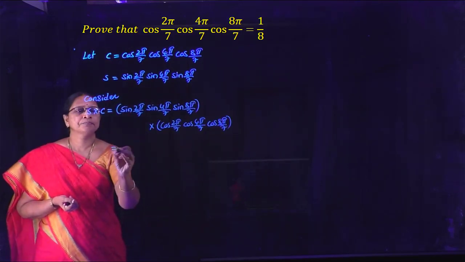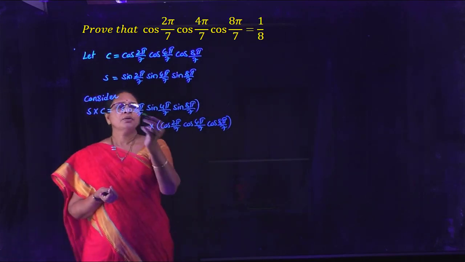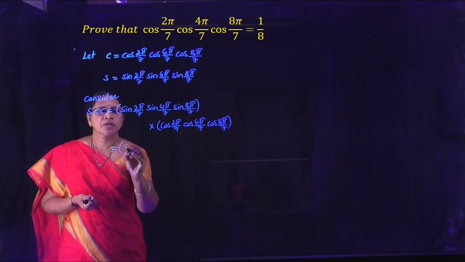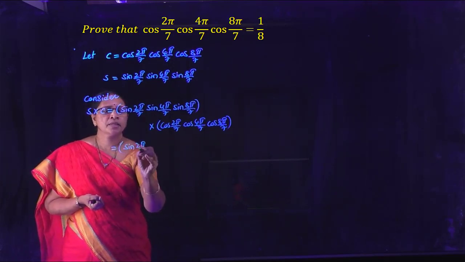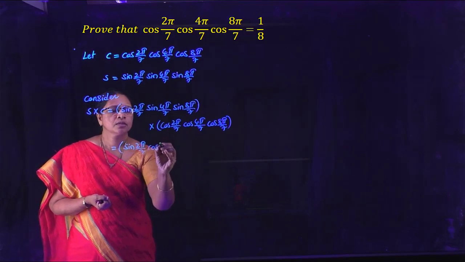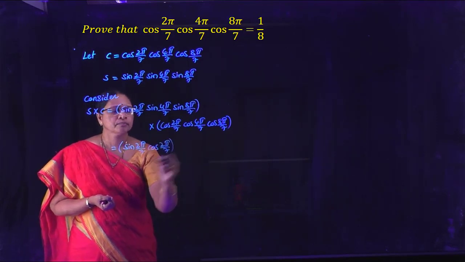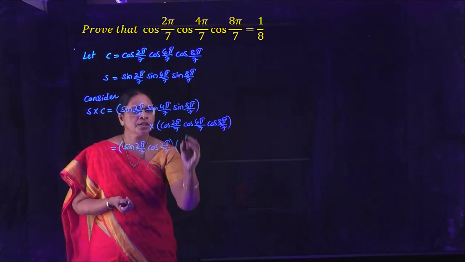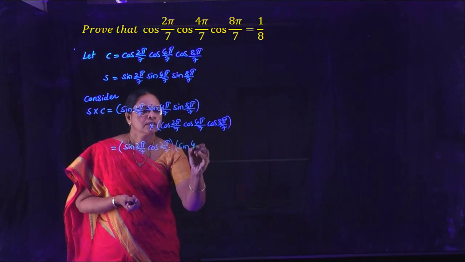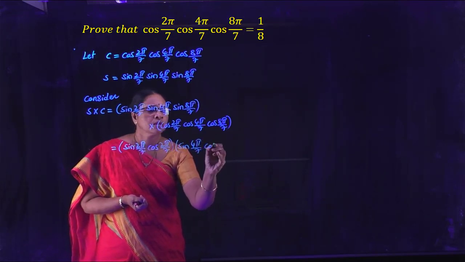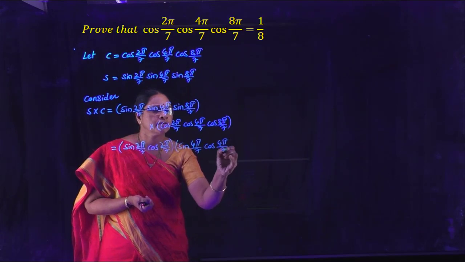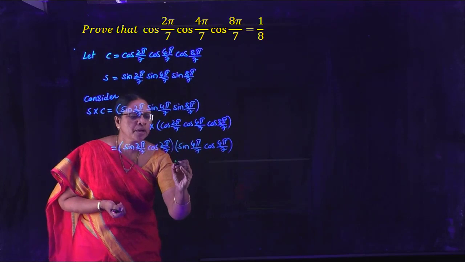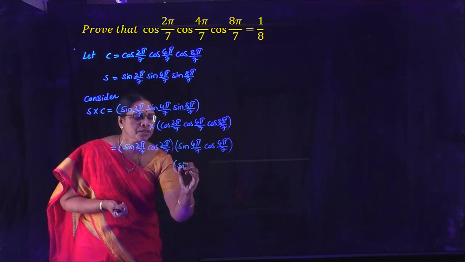That is equal to, we take sin 2 pi by 7, cos 2 pi by 7 in one bracket, sin 4 pi by 7, cos 4 pi by 7 into one bracket, and sin 8 pi by 7 into cos 8 pi by 7 into one bracket.